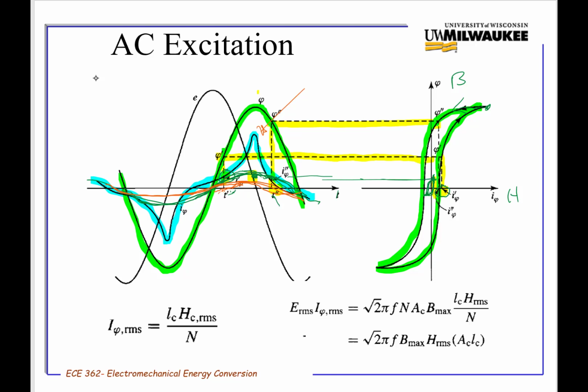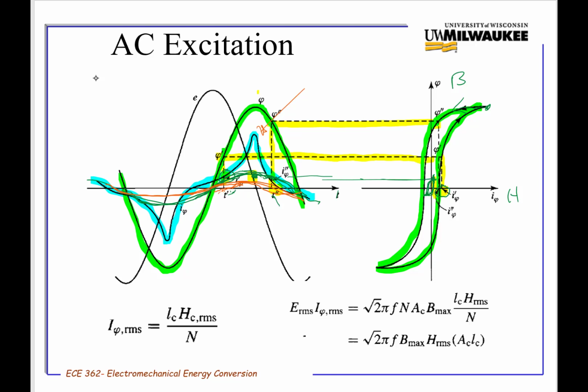Now, my takeaway from this, first of all, is that saturation affects the electrical signals that are in the magnetic structure. What is it really affecting? It's affecting the current. It's affecting the MMF. It's not affecting the flux. So that's number one takeaway.